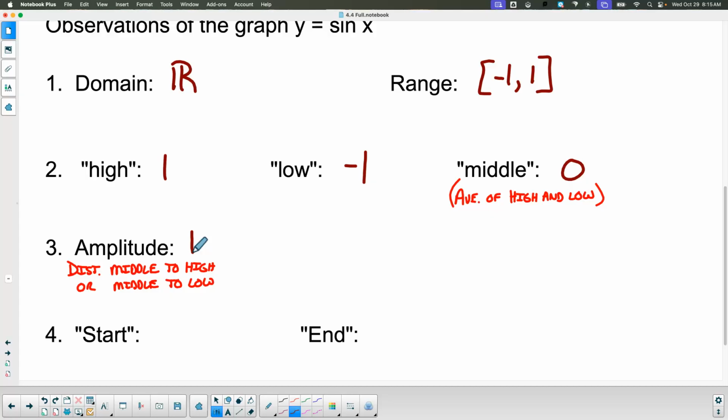The start of the parent one starts at 0 because we go first lap, which means it ends at 2 pi. I should add here that this is a vertical distance too. Actually, let's put it over here.